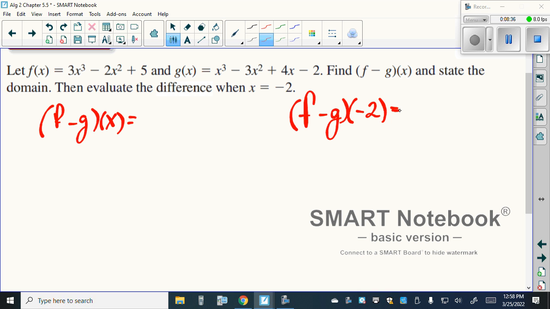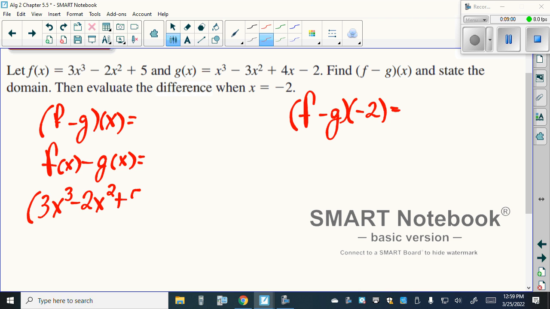Now, when we look at f minus g of x, really what we're looking at here is the function f of x minus the function g of x. F minus g of x is the same as f of x minus g of x. Now, the function f of x, we can go on and replace it, which is our 3x cubed minus 2x squared plus 5, minus.